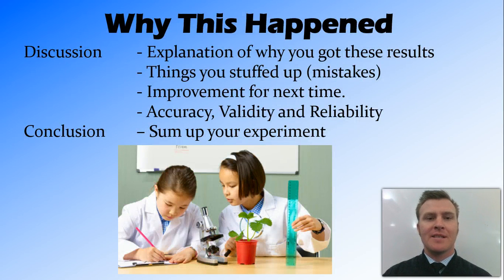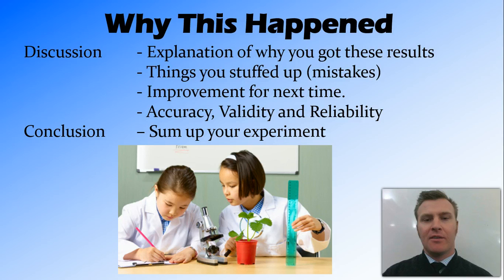Which gets us on to why this happened. So this is the discussion. And the discussion is generally the largest part of a scientific report. It has, as I said before, sometimes you'll talk about your results in words at the start of the discussion. You'll then have an explanation as to why you got these results or why you think you got these results.